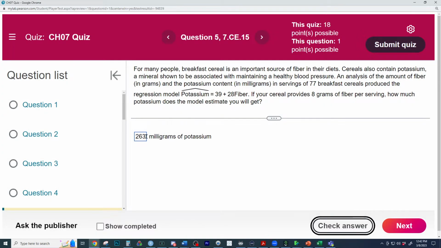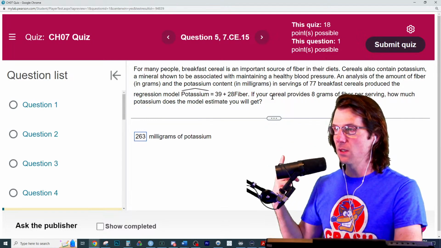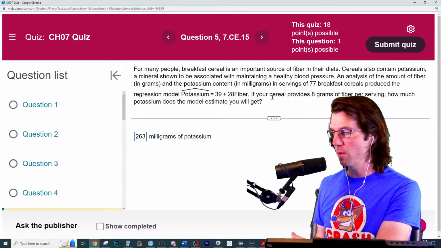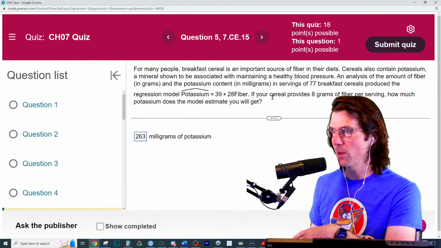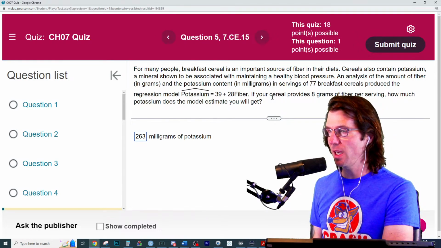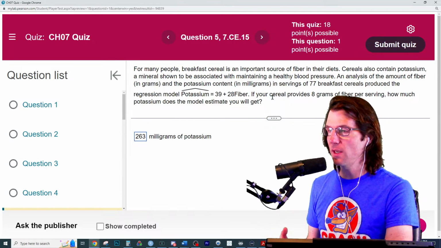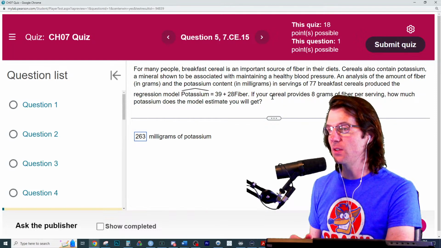What other questions are there? This is a good one. I highly suggest know your notation. Unfortunately, a lot of times, and I always want to point this out, you don't want to just look at this problem and say, oh, the answer to this is plug 8 into there. You have to understand why, because 8 is the value of fiber, and so we're predicting potassium based on fiber. The y variable of interest is potassium, so we are predicting it, hence y hat. So I could say the cereal actually has 270 grams.